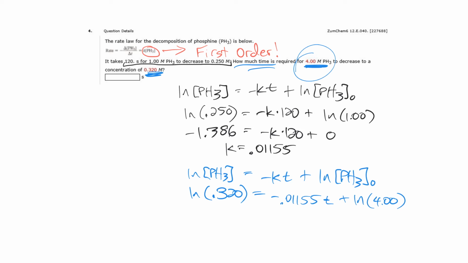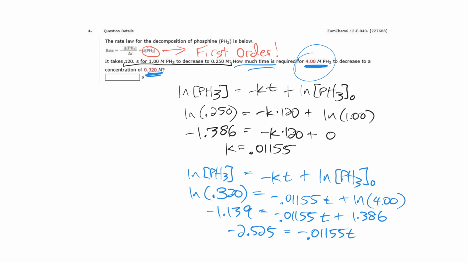Pull out the calculator and start to simplify. And we'll divide to get the time of 219, and since we've been working in seconds all along, the units are seconds.